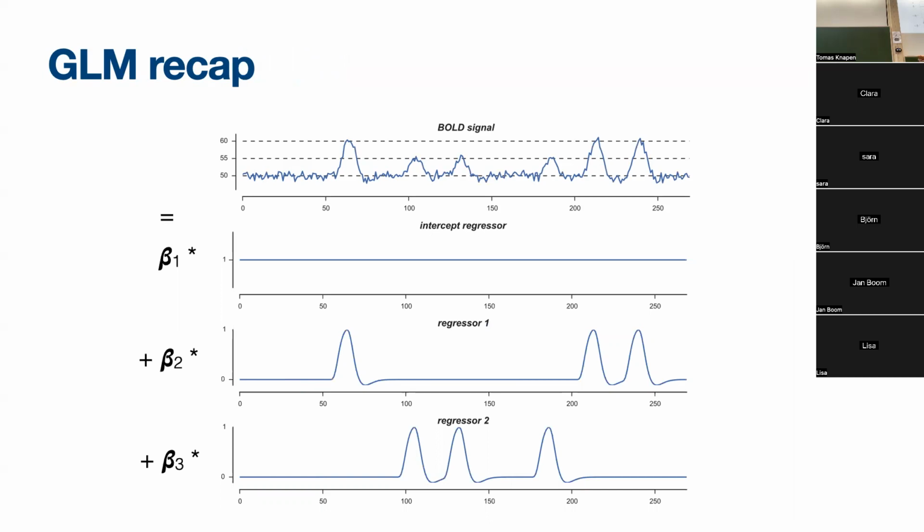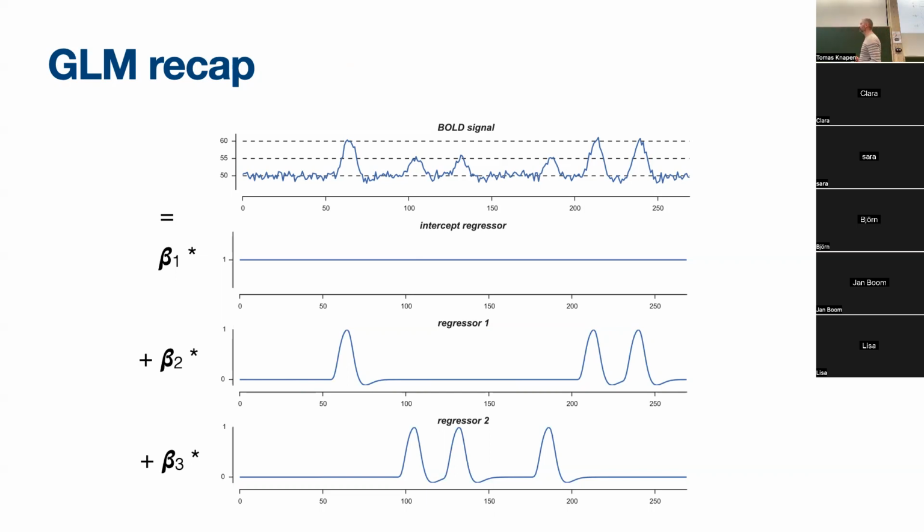There are specific events that occurred in 2 different conditions. When we perform a GLM to explain said signal, we use these 2 different regressors that capture the interesting things that happen over time. And we have this intercept, which we also need to capture the mean signal, when there is no specific time-varying prediction. We also need to capture that part of the signal.